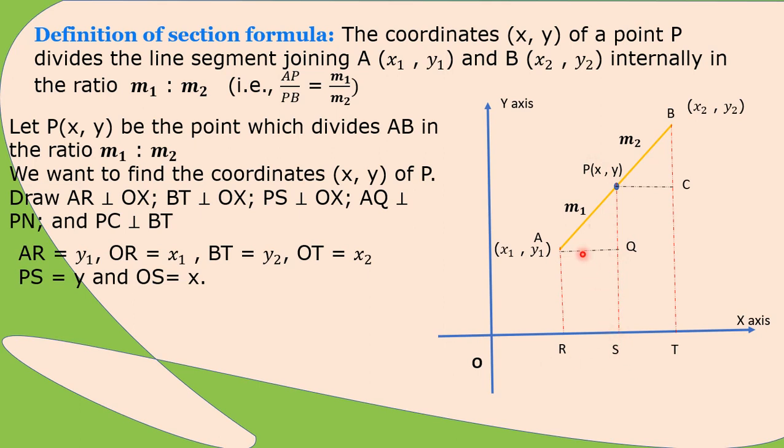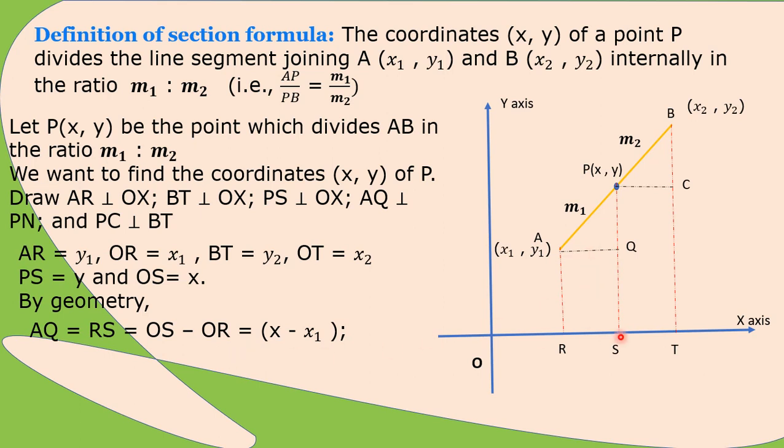Now by geometry we can write the value of AQ. AQ is parallel to the x-axis and equal to RS, so we have OS minus OR as the value of RS, or RS is equal to AQ.